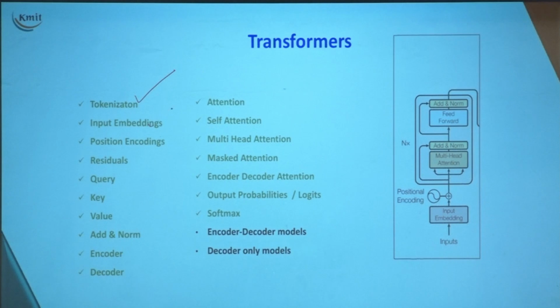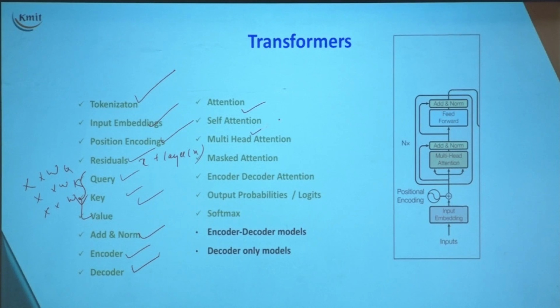We have understood input embeddings, position embeddings, residuals. What are these residuals? X plus layer of X. Q, K, V generation: X into WQ, X into WK, X into WV. Add and normalizing, encoder, decoder, attention mechanism, self-attention, masked multi-head, normal multi-head.